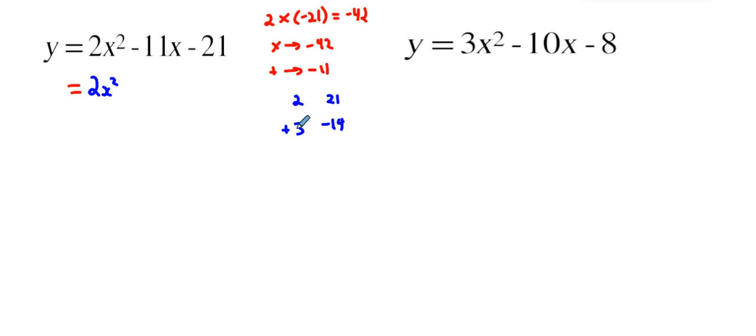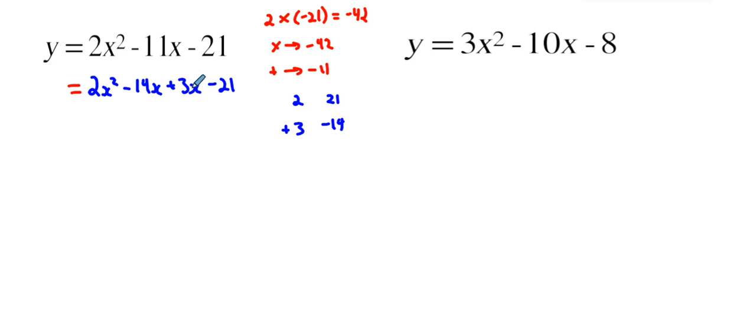When I look at 3 and 2, I don't see anything that can factor out of the 3 and 2, but the 14 and the 2 I do. So I'm actually going to say this is negative 14x, and then plus 3x minus 21. And notice that there is a common factor then between 3 and the negative 21.